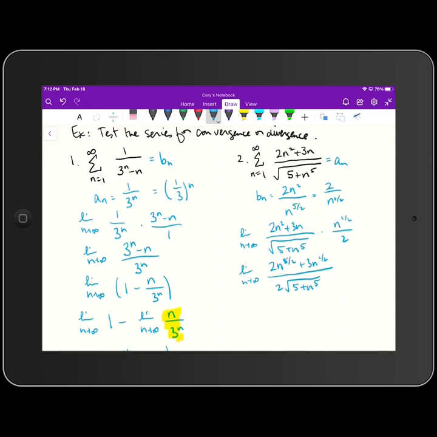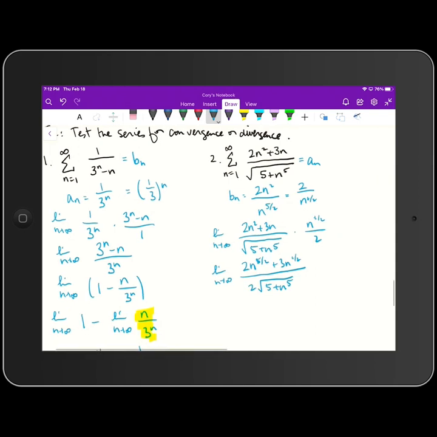The highest degree term in the numerator is 2n to the 5/2 power. The highest degree term on bottom is 2 times the square root of n to the 5th power, which is 2n to the 5/2 power. That fraction simplifies to 1, thereby making that limit 1.